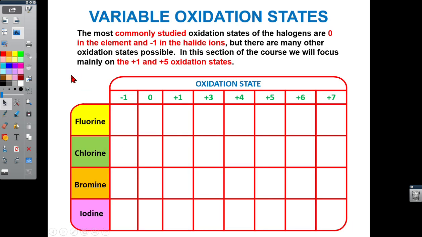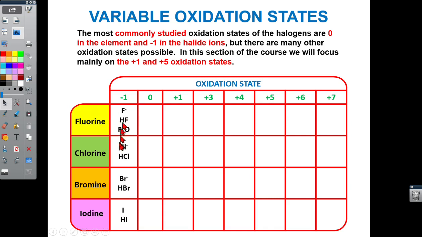Right, let's talk a little bit about variable oxidation states to begin with. Now, this table looks rather overwhelming, but don't worry, I'm not expecting you to learn it. I just put it up there to illustrate what we know and what we need to understand. So -1 and 0 are the common oxidation states that we tend to see for the halogens and halides. So for instance, any of the halides, F minus, Cl minus, Br minus, I minus, the oxidation state's -1.